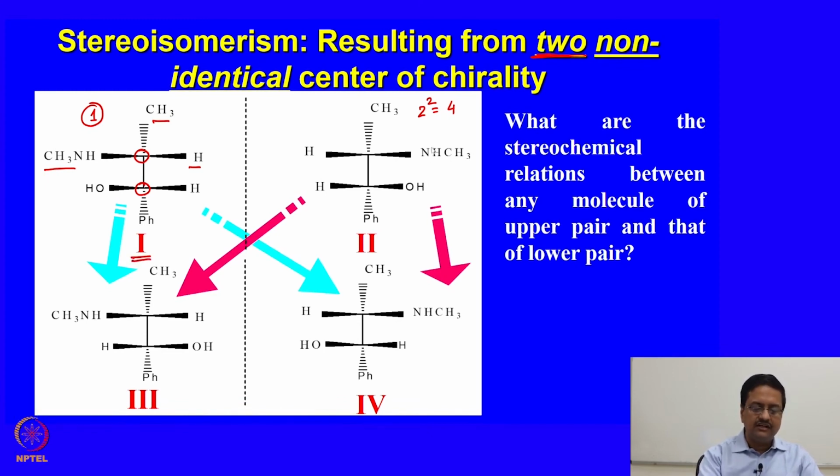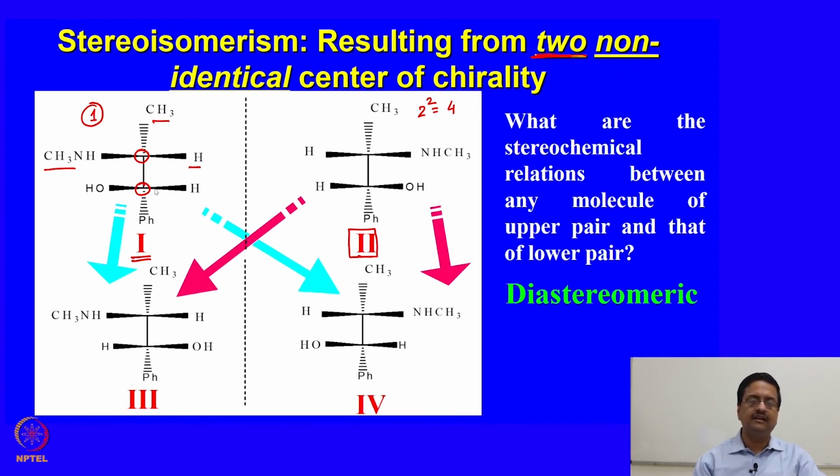And the corresponding mirror image is drawn here as number 2. So 1 and 2 are mirror images of one another, a pair of enantiomers. Now if we look at the lower molecules in blue, they are called diastereomers because they are not mirror images of one another.